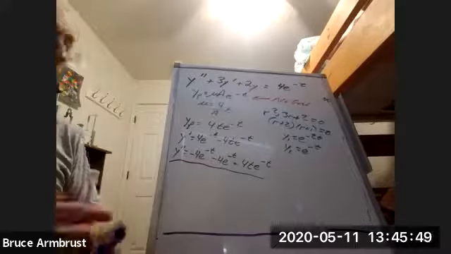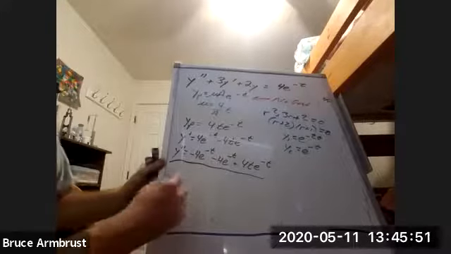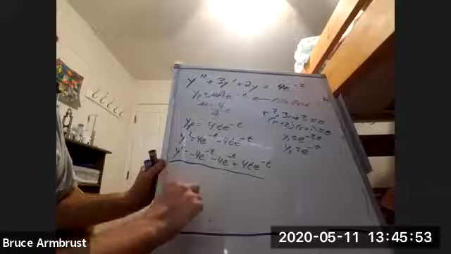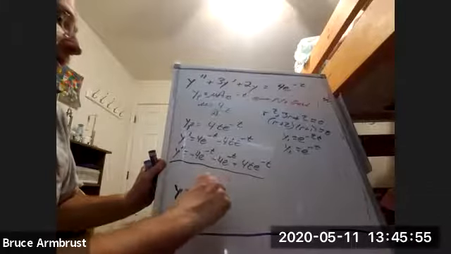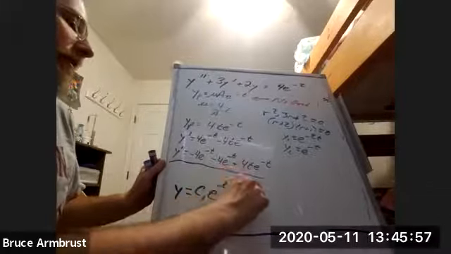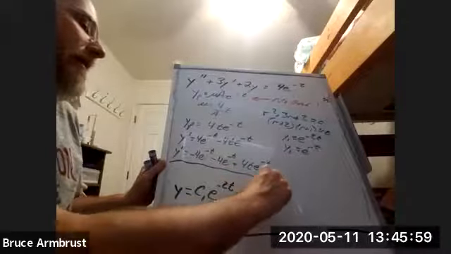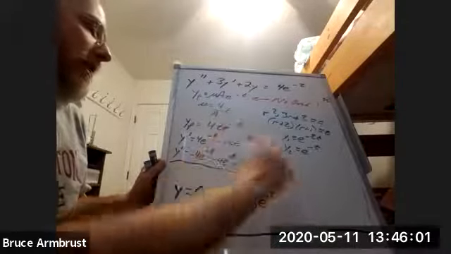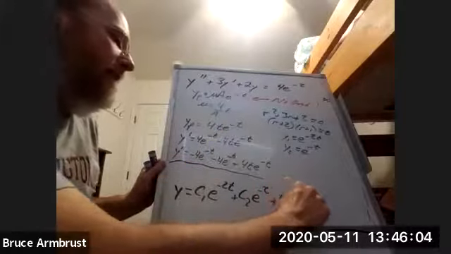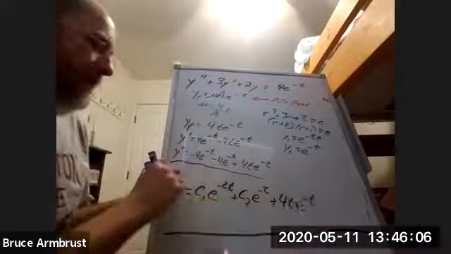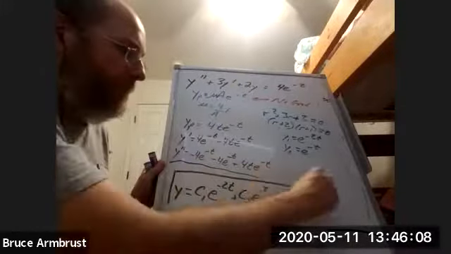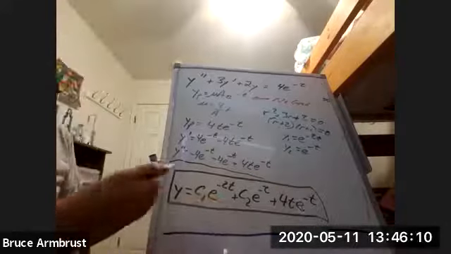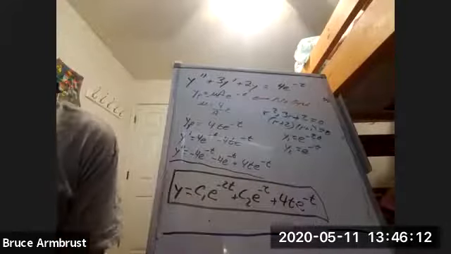So then our solution is going to be y equals c1 e to the minus 2t plus c2 e to the minus t plus 4t e to the minus t. So there's your general solution to that differential equation.